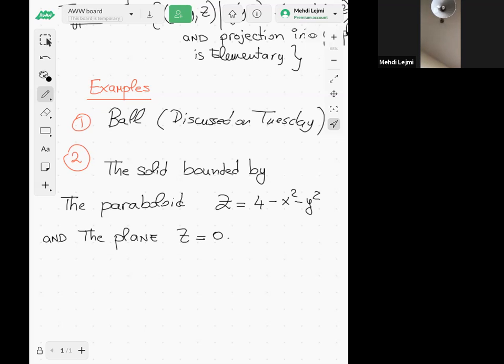So we have this solid bounded by the paraboloid z equals 4 minus x squared minus y squared, and the plane z equals 0, right?